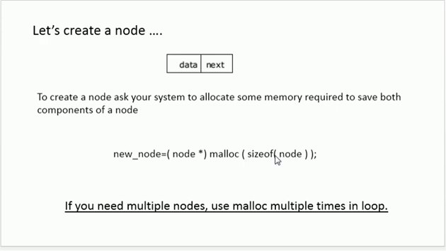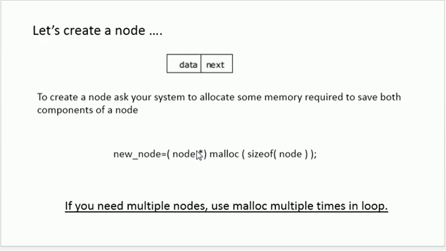So when memory is allocated to me, what does my system return to me? My system gives me back one address, and that address is of type void. So I have to typecast it to the type of which I want to create nodes. I'm allocating memory for nodes, and I'm getting back an address which is further pointing to a node.